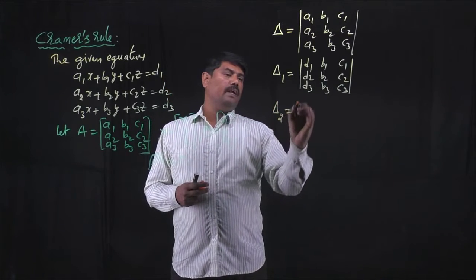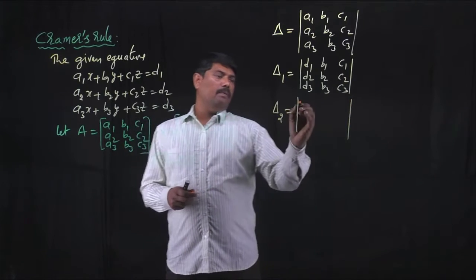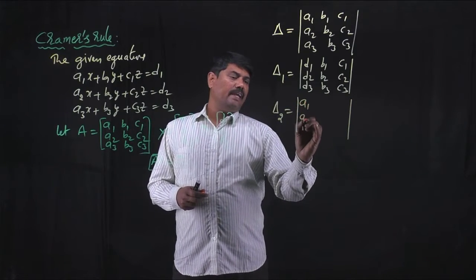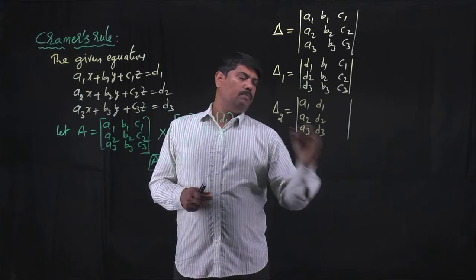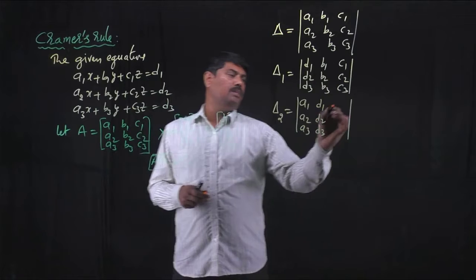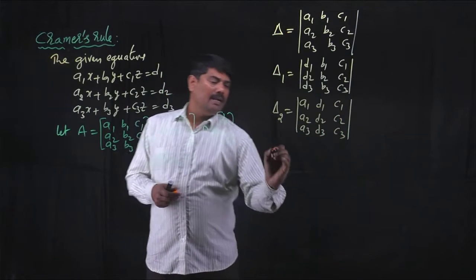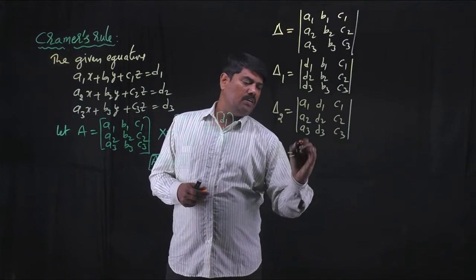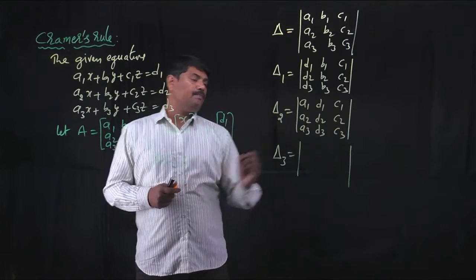Similarly, we have to find another determinant which is obtained by replacing the second column, b1, b2, b3, with d1, d2, d3. c1, c2, c3 remain the same. And one more determinant we need to find is denoted by delta 3.